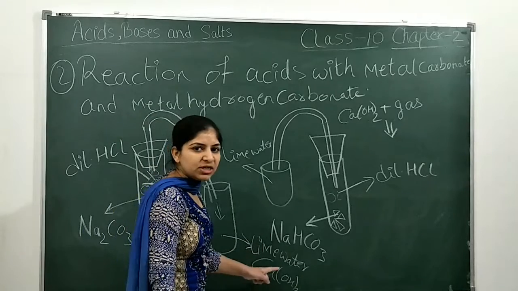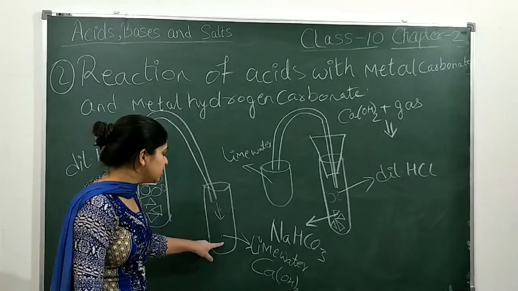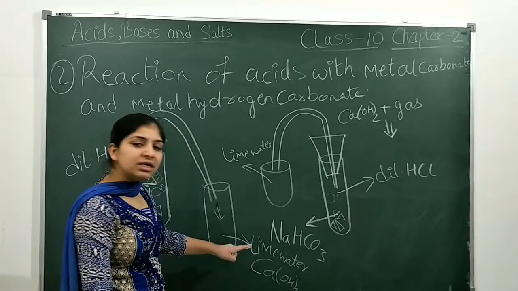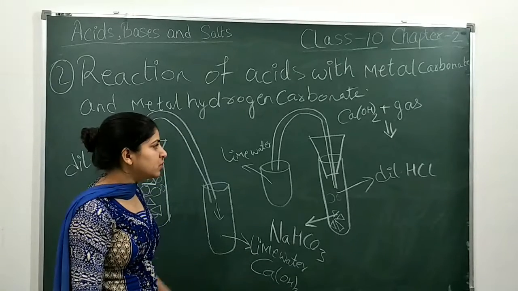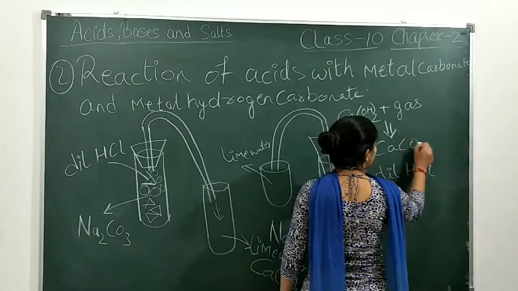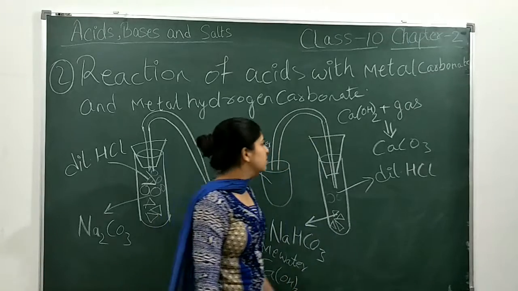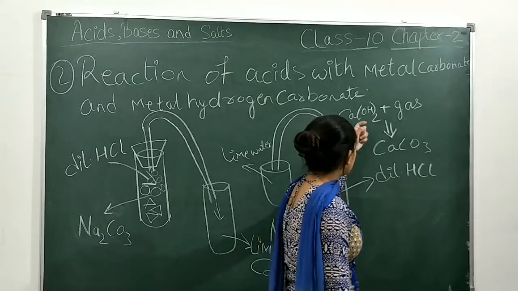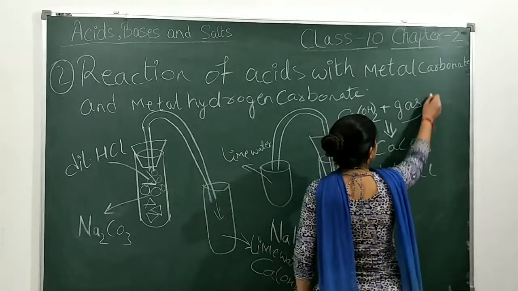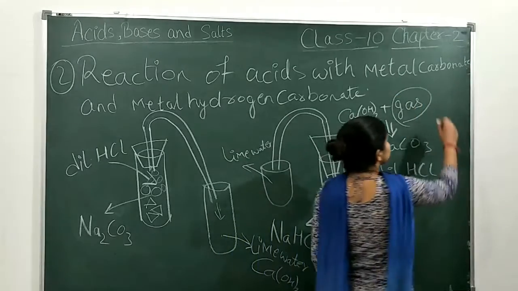As we all know, lime water is colorless. But when this gas reacts with the lime water, then it turns milky. So the solution is calcium carbonate, because calcium carbonate has a milky color. So this calcium hydroxide reacts with which gas to form calcium carbonate?